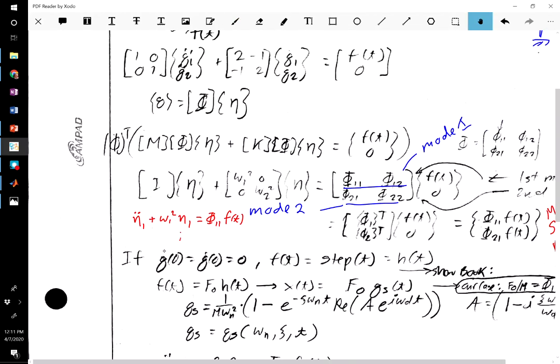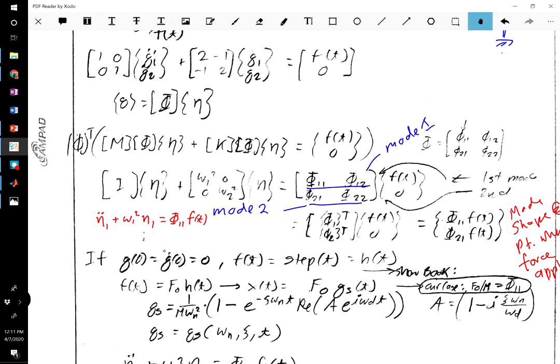We need to solve both of those equations, and our initial conditions will say that if the displacements are all 0, then the modal displacements are all 0. So this is just a forced response.